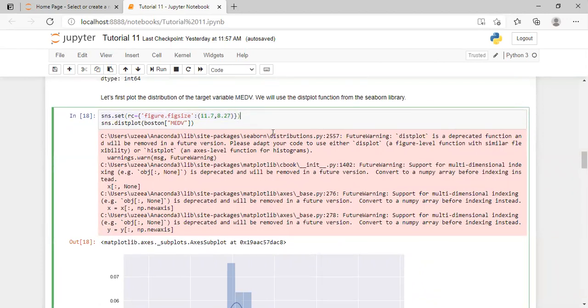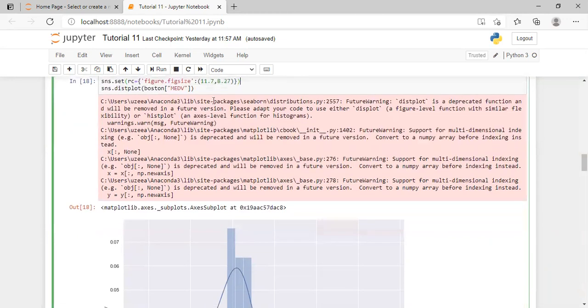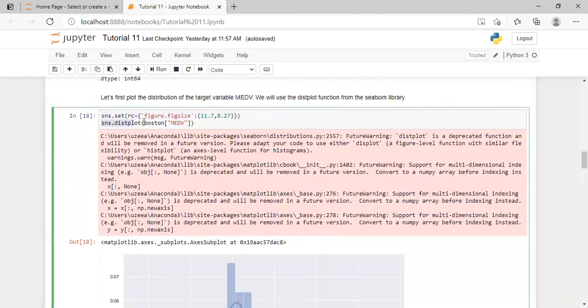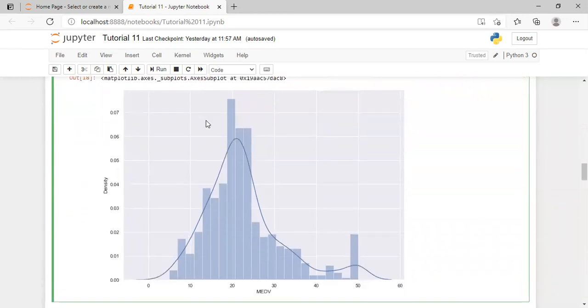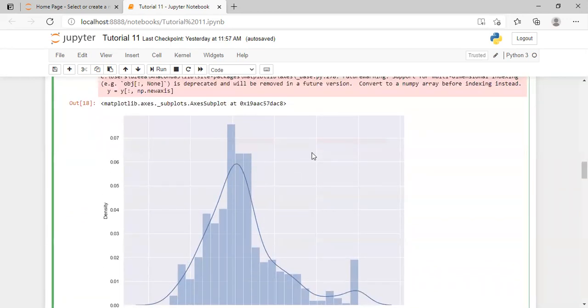And the important command is this, the sns.distplot. So I am using the Seaborn library, which I have loaded in the package. I am passing Boston, and the column name is MEDV. So it would give us a nice distribution plot of our data.